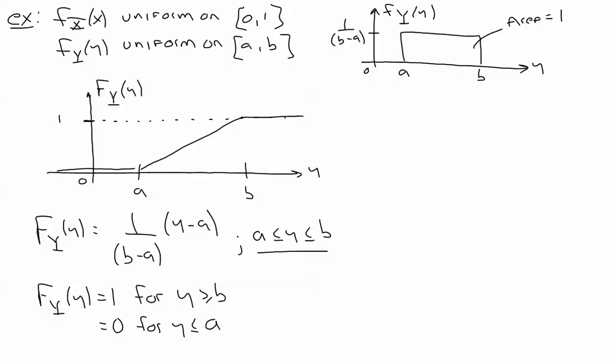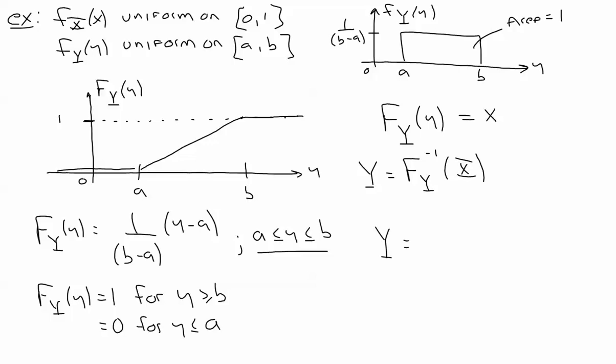So what I want to then do is set my cumulative distribution function for y equal to x, and invert that, and I'm going to get y equals the inverse cumulative distribution for y evaluated at x, and my result then is that.